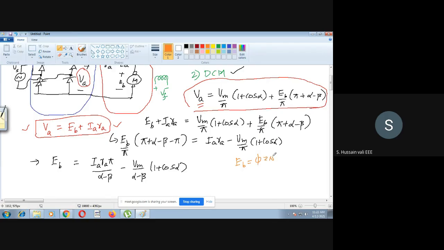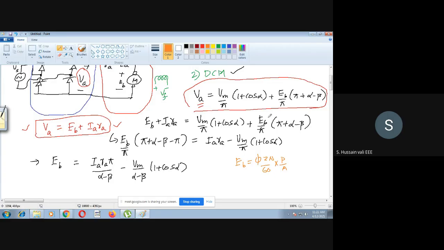EB is equal to phi Z n by 60 into P by A. Then we have done the simplification. What is the simplification we have done? As it is a separately excited DC motor, the flux phi is constant.